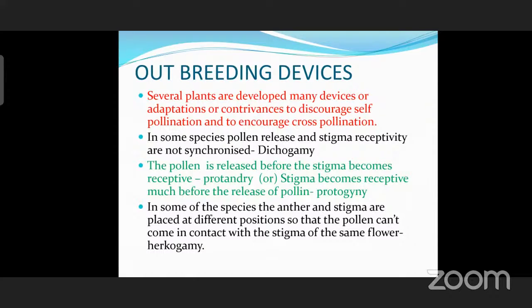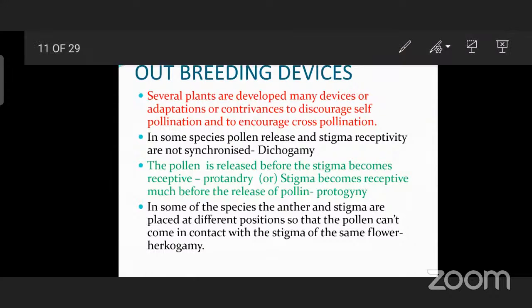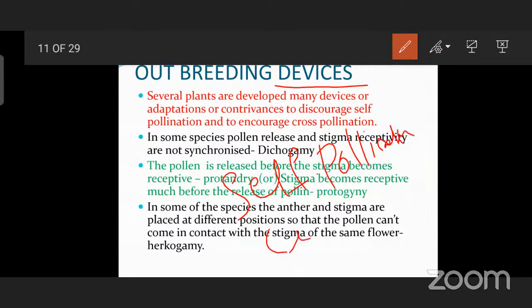So flowering plants have developed many devices, adaptations or contrivances to discourage self-pollination and to encourage cross-pollination.